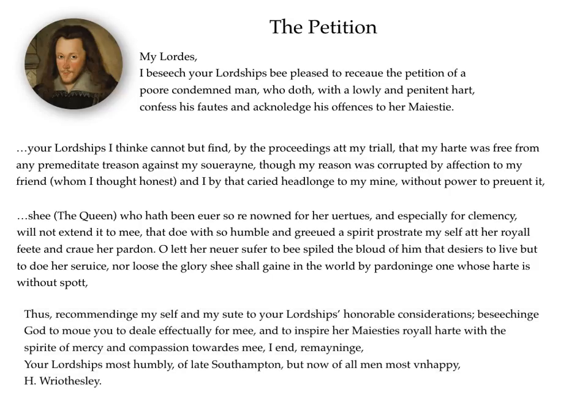Thus recommending myself and my suit to your lordship's honourable consideration, beseeching God to move you and to deal effectually for me, and to inspire her Majesty's royal heart with the spirit of mercy and compassion towards me, I end, remaining your lordships most humbly of late Southampton, but now of all men most unhappy.